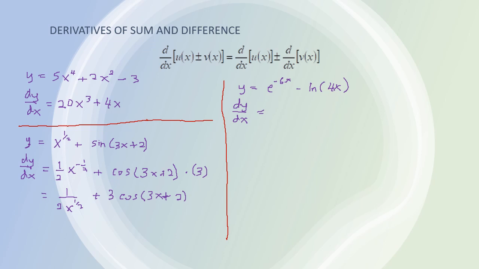So we get negative 6 e to the power of negative 6x, and then minus, then differentiate function ln 4x, we get 1 over 4x multiply by differentiate 4x is 4. Simplify our answer, we get negative 6 over e to the 6x minus 1 over x.